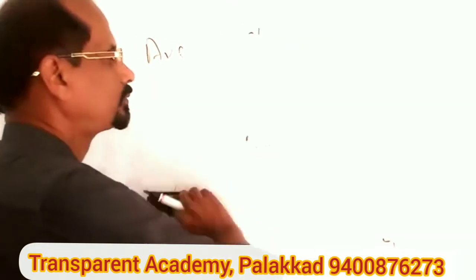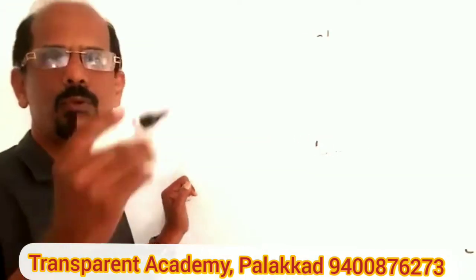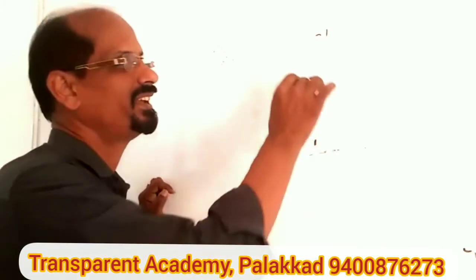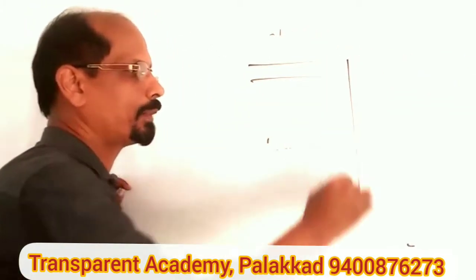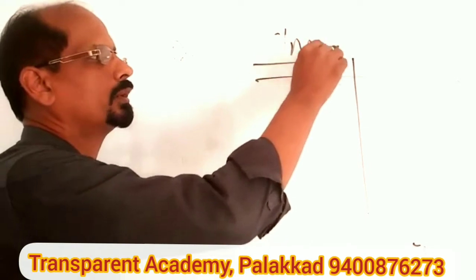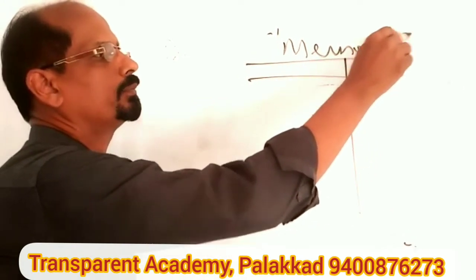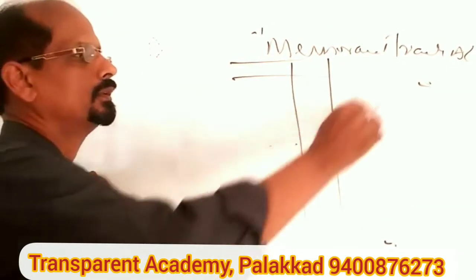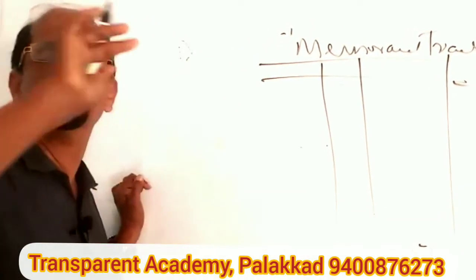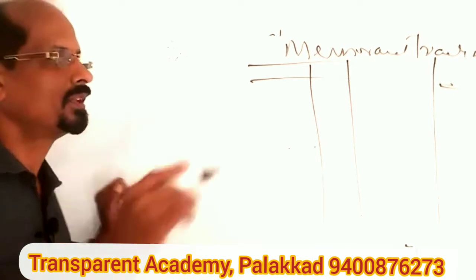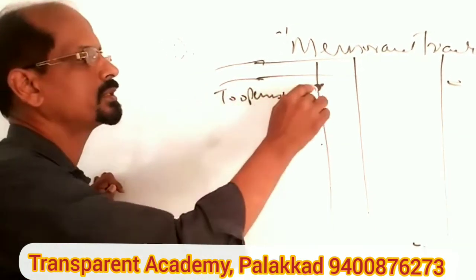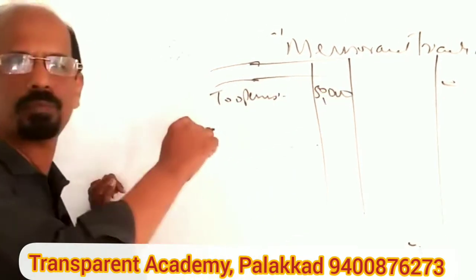Suppose a fire has broken out in a business, and as usual you are preparing a memorandum trading account to find the stock at the date of fire. The opening stock, suppose, is 50,000.